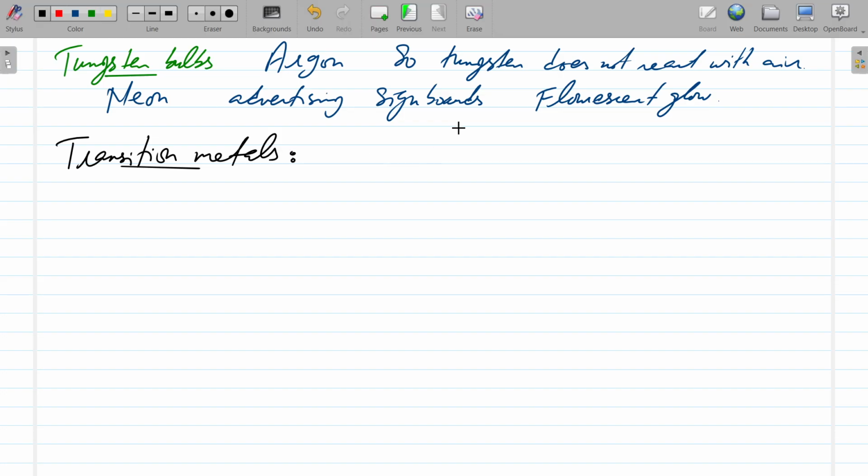So transition metals. Transition metals are the chunk of metals that are shown separately in the periodic table.